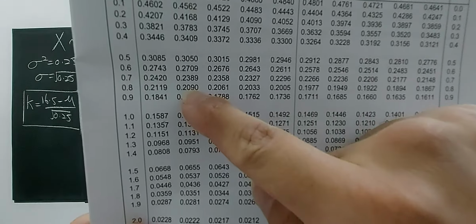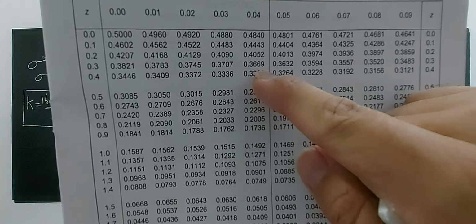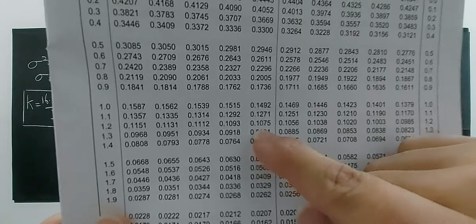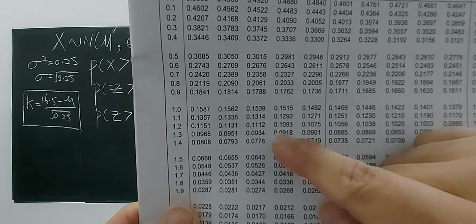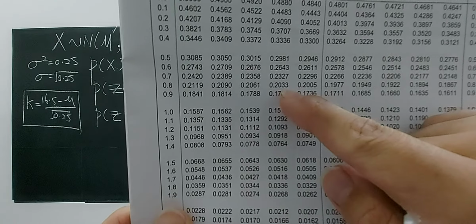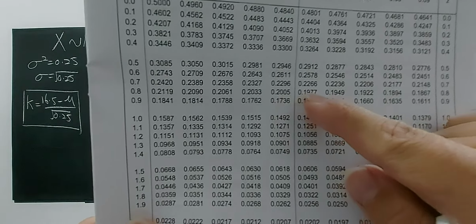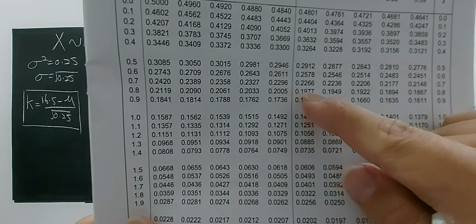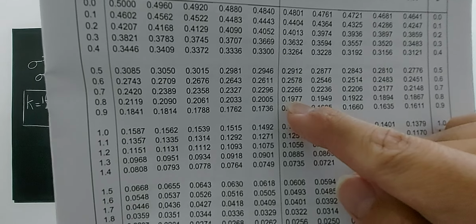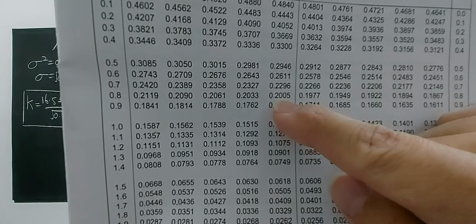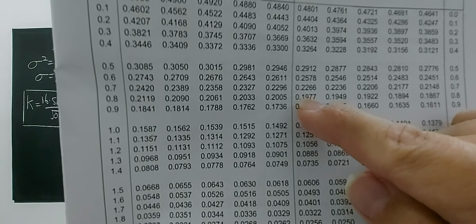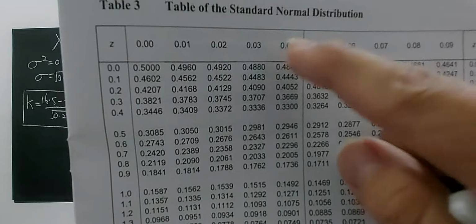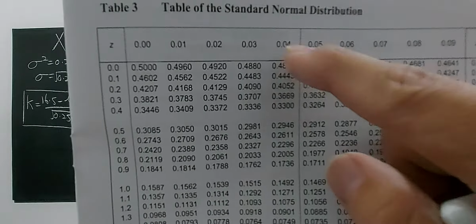Then 0.1977. If you round off, this becomes 0.2, and this also becomes 0.2. So you have some confusion about which one to choose.